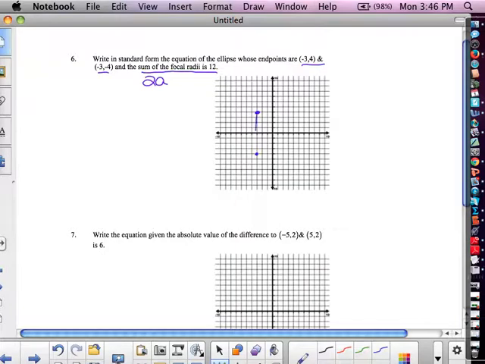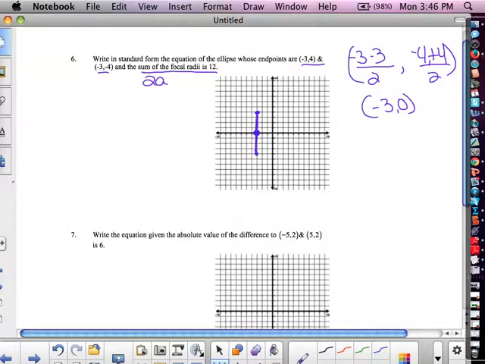So this length is the length of the minor axis. I know my center happens at the midpoint, so the midpoint is going to be at -3, 0. So this is the center.